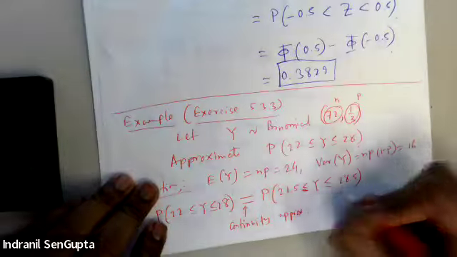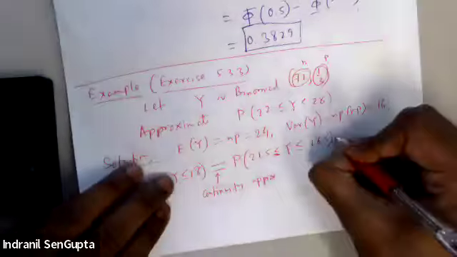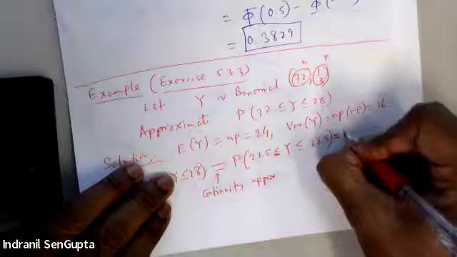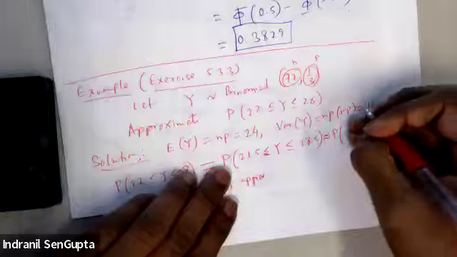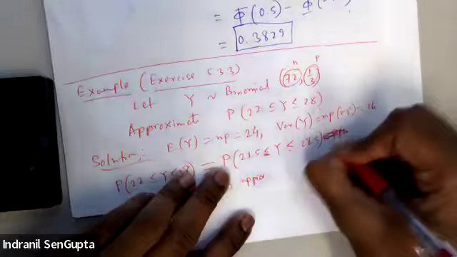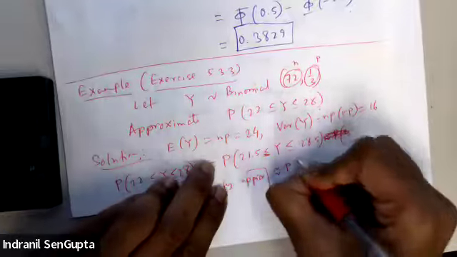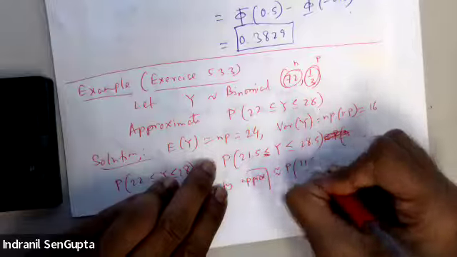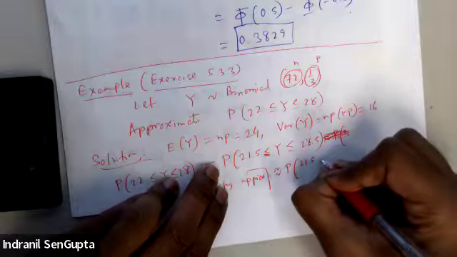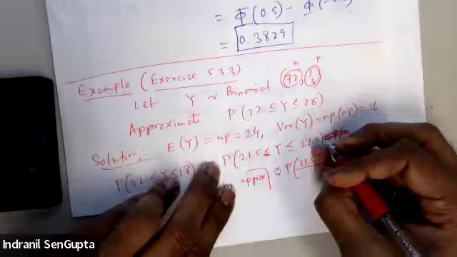Now, this is same as if I just approximate this with a normal distribution. This is approximately the probability of 21.5 minus its mean, which is 24, over square root of 16.